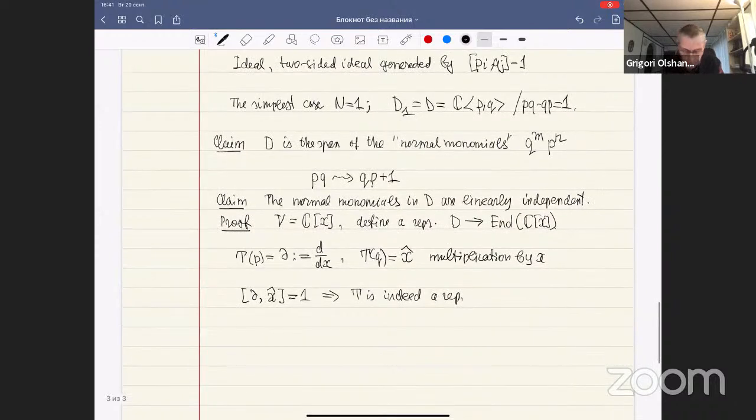And now I want to prove our claim inside the algebra of differential operators. It's enough to prove that the monomials of this form are linearly independent.